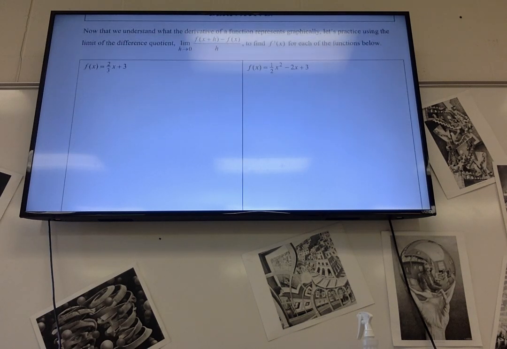So we would do the limit as h approaches 0, and we're using our definition for derivative.